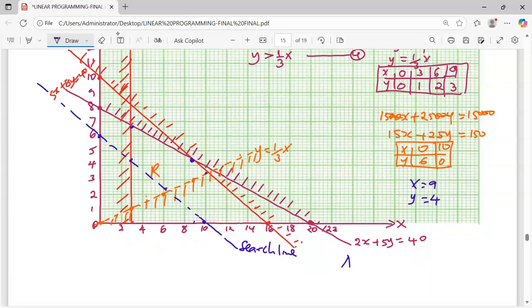That means type A would be having 9 and type B would be having 4, and that is the solution to this particular question.